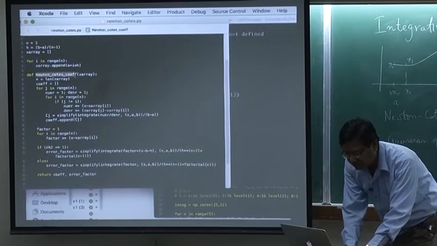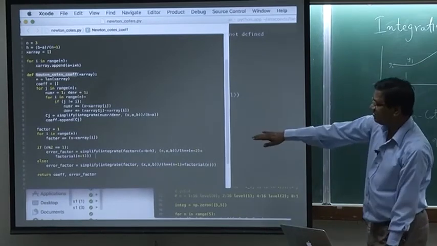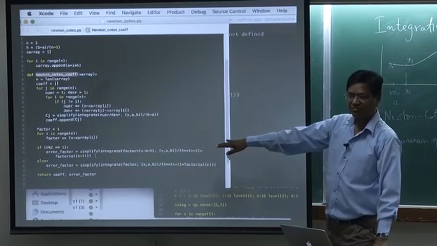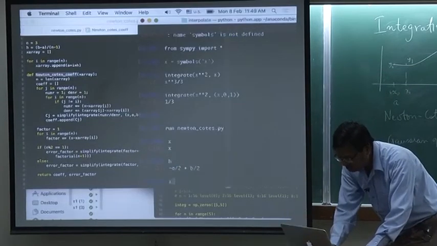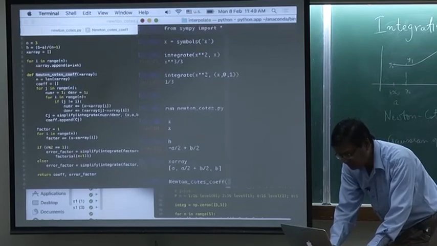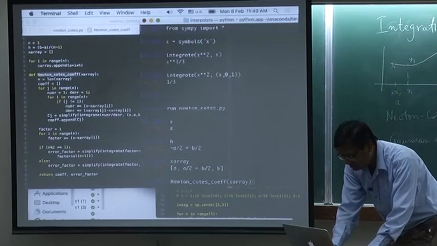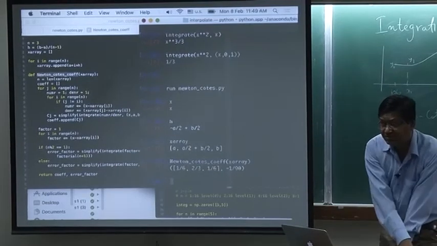So Newton-Cotes coefficients. It returns both the coefficients as well as the error factor. So the X array is already there, so you just need to call it, the X array is this for 3 points. So Newton-Cotes. Okay, so these are the answers.